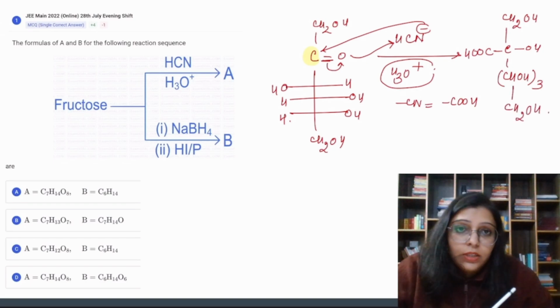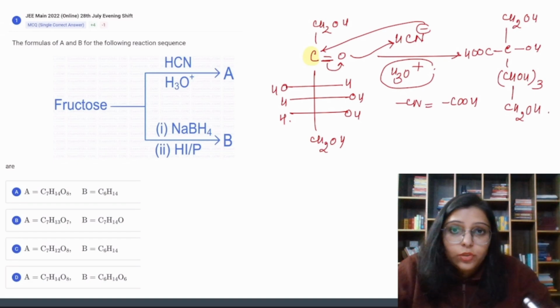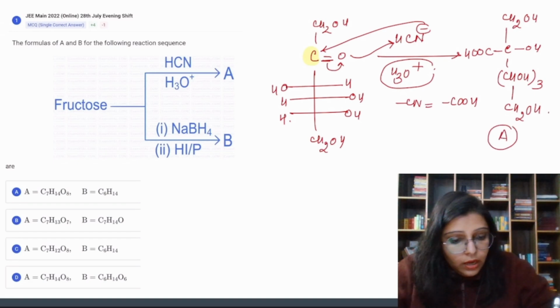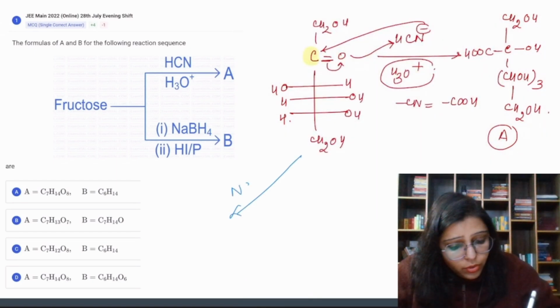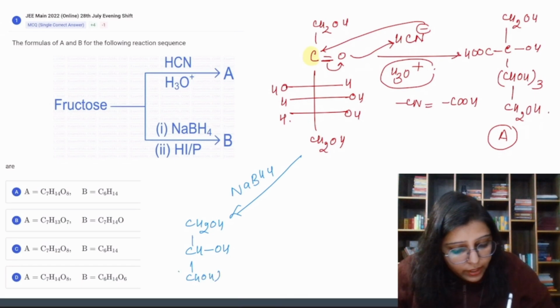So we get this. This is A. Now let's look at NaBH4. In NaBH4 reduction, the ketone is reduced to alcohol. Then we have CHOH whole thrice and CH2OH.